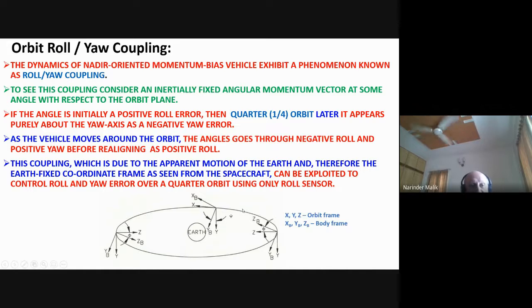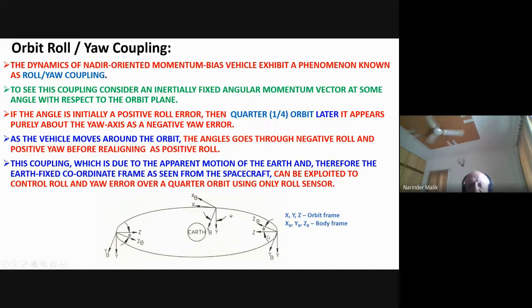This phenomenon is used in controlling the spacecraft, because spacecraft generally employ Earth sensors, and Earth sensors can sense only the pitch axis motion and the roll axis motion. So for the yaw axis, there is no direct measurement.